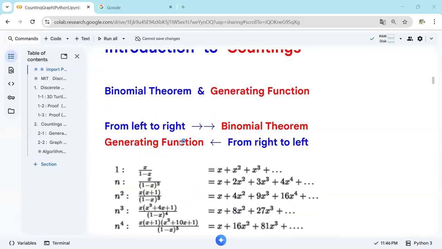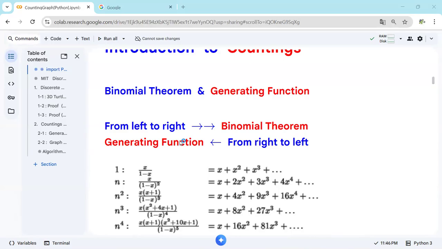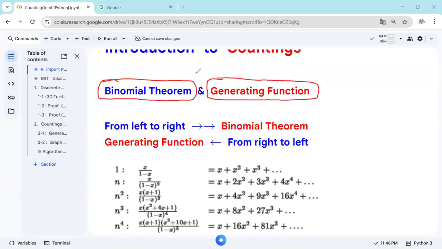So let's introduce the concept of generating function using the binomial theorem also. Now we know the binomial theorem. Then from this one, we can introduce the concept of generating function.